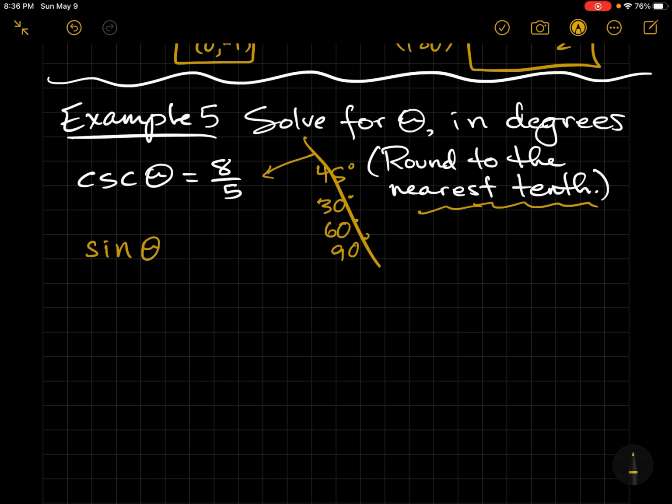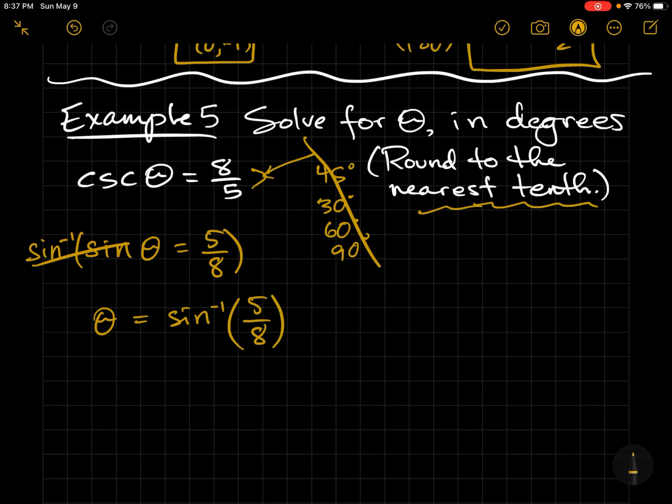The first thing I would do, since I'm going to need a calculator, is change this to sine. I can just do the reciprocal since I have a fraction. So notice I just tossed that upside down. And now I'm going to take the inverse sine of both sides. So this side cancels and I get theta equals the inverse sine of 5/8.